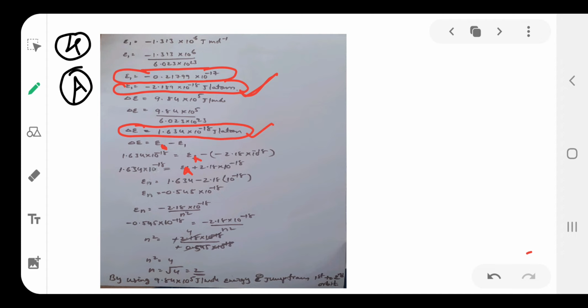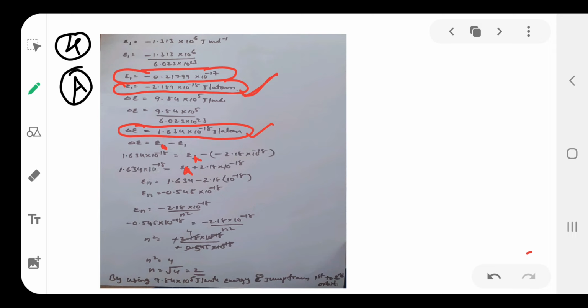Then 1.634 minus 2.18 into 10 power minus 18, taking 10 power minus 18 common, the difference is minus 0. Here it is a minus value because this is the higher value and this is the lower value. Minus 0.545 into 10 power minus 18.